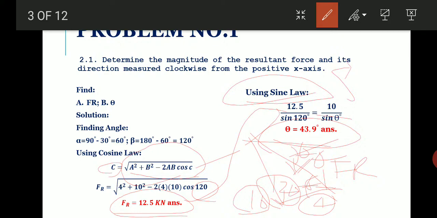Using this formula, theta is equal to sine inverse of 10 sine 120 over 12.5. So we get the answer of 43.9.